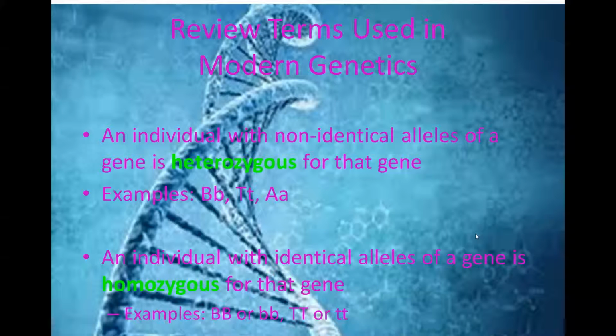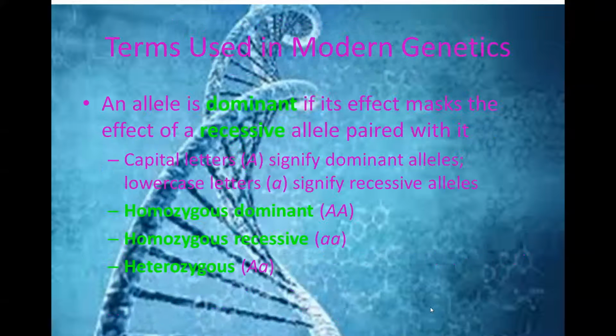And then an individual with identical alleles of a gene is called homozygous for that gene. And so this is going to be the same. They're both dominant or they're both recessive. I just try to remember that hetero means opposite or different, and then homo means same. It's just my little trick.